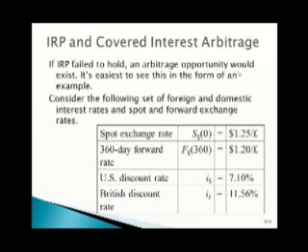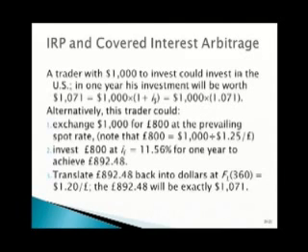Interest rate parity and covered interest arbitrage. If interest rate parity failed to hold, an arbitrage opportunity would exist. It's easiest to see this in the form of an example. So consider the following data. Take a look at it, and let's go to the next chart.